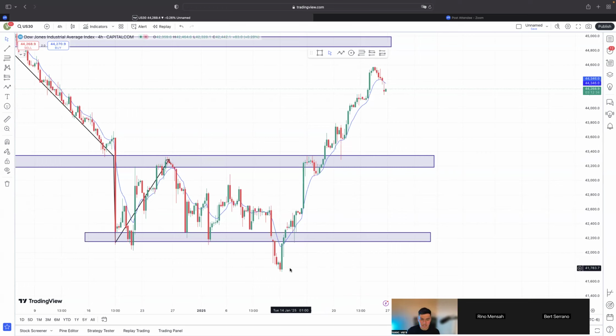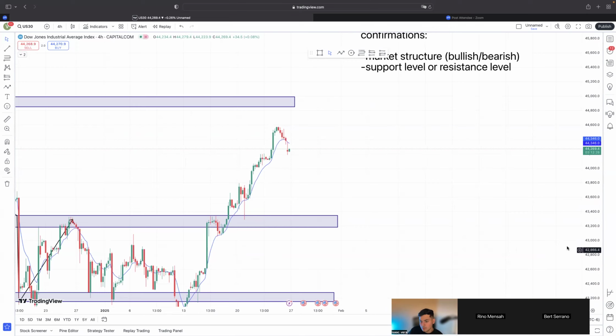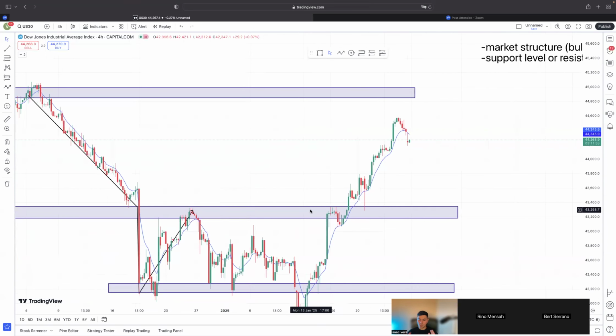Do you guys, does it make sense? Does it make sense, Rhino? Do you get it? If you guys have any questions, you are more than welcome to ask me anything. I'm here to answer all your questions. So do we get support and resistance so far? Should I go to the next confirmation, or can you put in the chat if it makes sense completely, just so I can jump to the next one, or do you want me to explain a little bit better?